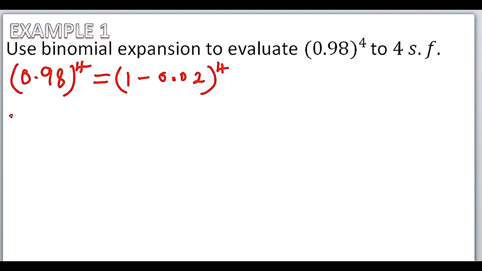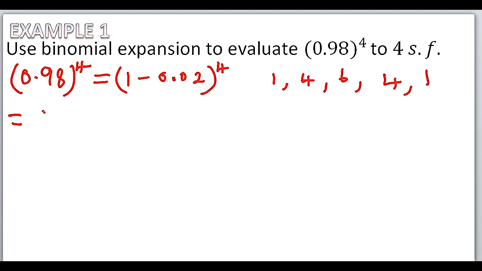So this is equals to, we now expand. We use 1 as the first term and 0.02 as the other term or variable, as we said. But in this case, we are dealing with real numbers. So we write the coefficients 1, 4, 6, 4, and 1.